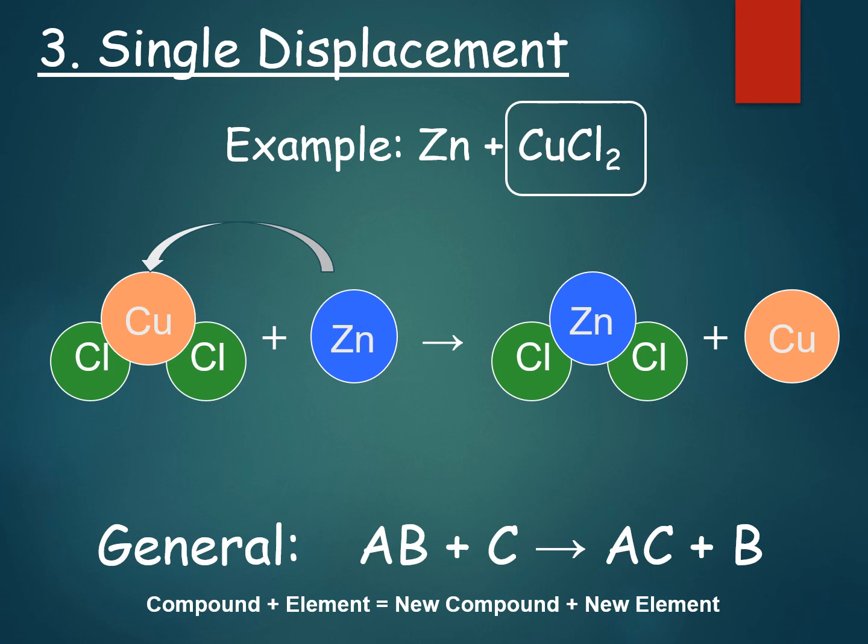So to recognize a single displacement, on the reactant side, you're going to have a compound, an ionic compound that has both a metal and a nonmetal. And you're going to have an element, and that element can either be a metal or a nonmetal. What will form is a new ionic compound where one of the elements in the previous compound has been brought back to its elemental form.